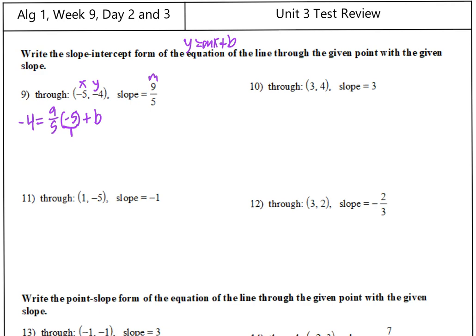You can either multiply and then simplify, or you can simplify first and then multiply. Either way, when we do 9/5 times -5/1, we should end up with -9. And that's essentially because those 5s can cancel out. But the negative does not cancel out, and neither does the 9. So here I'm going to add 9 to both sides and get 5 equals b.